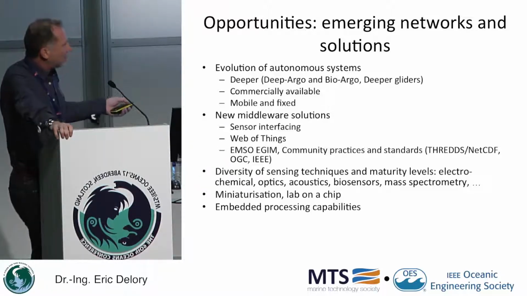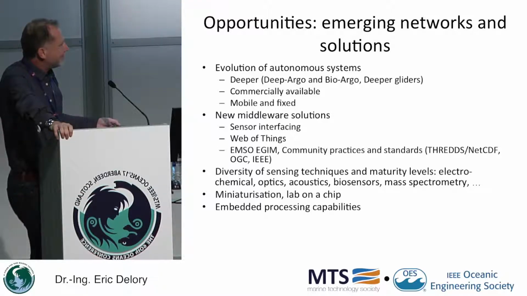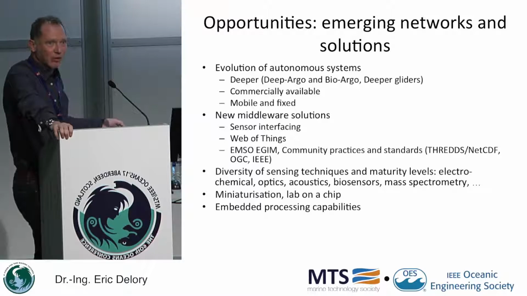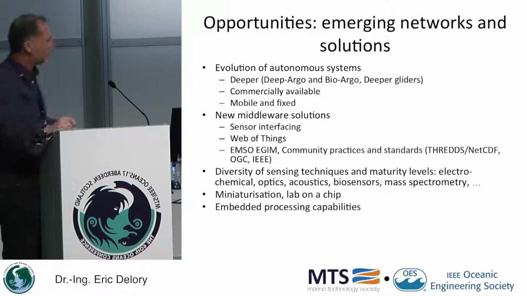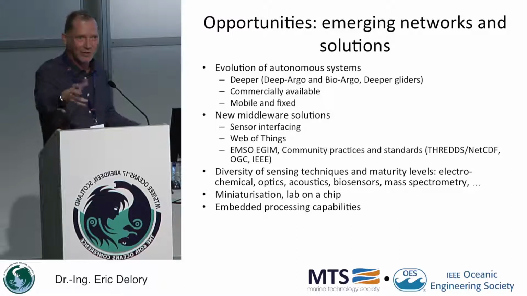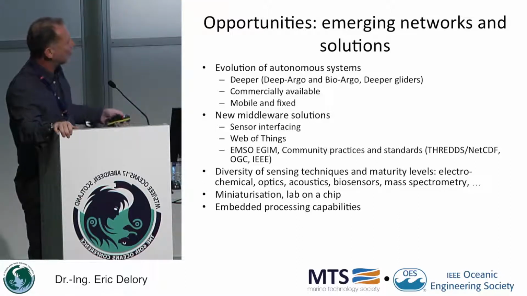And so there are lots of interesting things happening. Miniaturization allows us to go smaller and then deeper with mobile platforms as well, like the lab-on-a-chip concept, and embedded processing capabilities, which, thanks to our smartphones and so on, now, of course, allow us to do whatever we want in terms of processing on square centimeters.